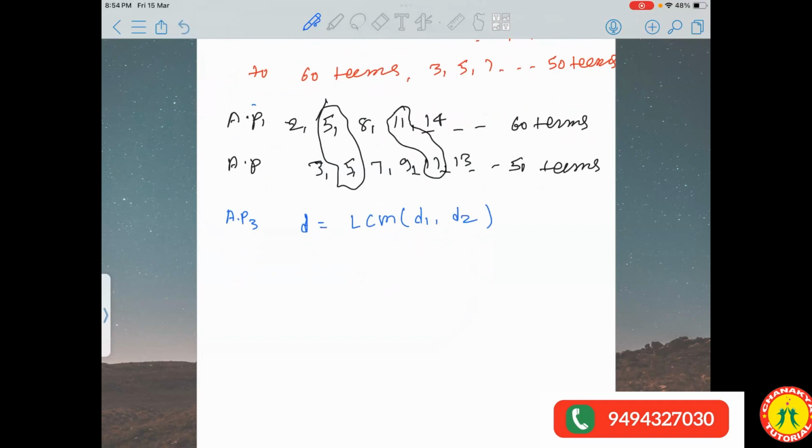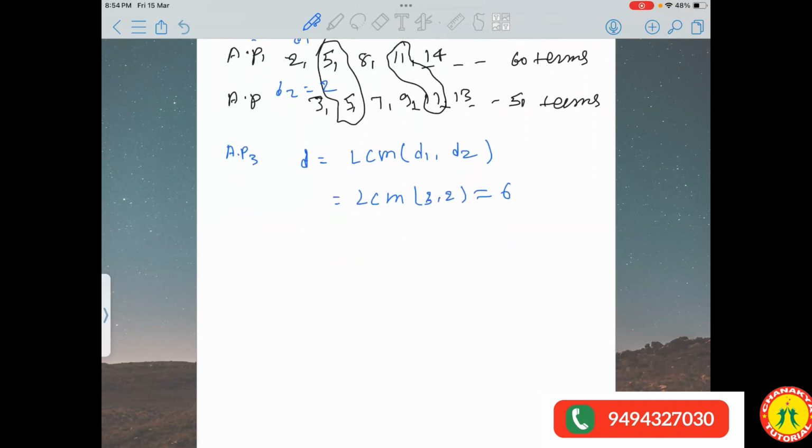So D1 is equal to 3, D2 is equal to 2. The LCM of 3 and 2 is equal to 6, right? So what will our third AP be? The first term is 5, so 5, 11, 17, like that.